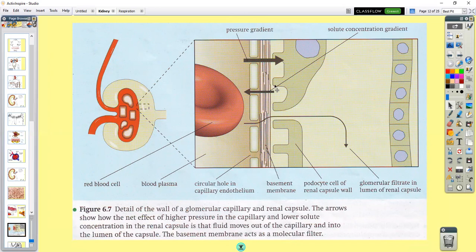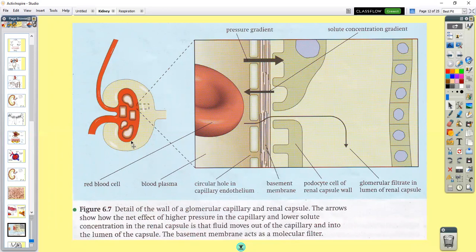Okay, some may, when it builds up in here, there is a concentration gradient back into the glomerulus. Okay, but because of that pressure buildup, because the afferent arteriole is wider than the efferent arteriole, the net movement of solutes is from the glomerulus and into the Bowman's capsule.